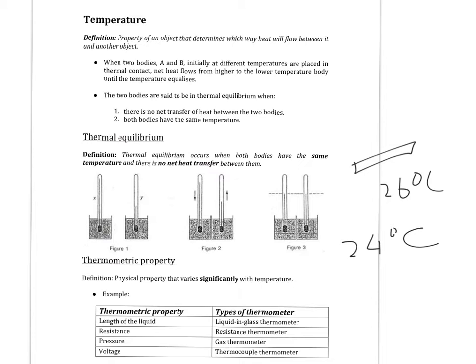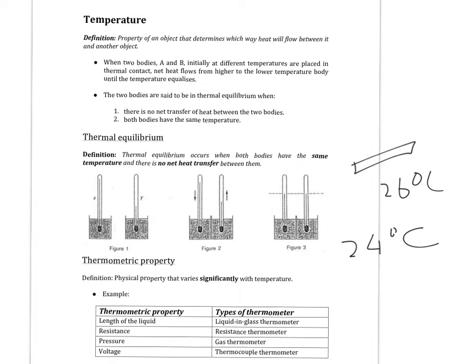So we will say there's a net heat flow from x to y. As the temperature of x drops and the temperature of y increases, the net heat flow from x to y decreases. And when they reach thermal equilibrium, the rate of heat flow from x to y is equal to the rate of heat flow from y to x. And that is when we say they reach thermal equilibrium.